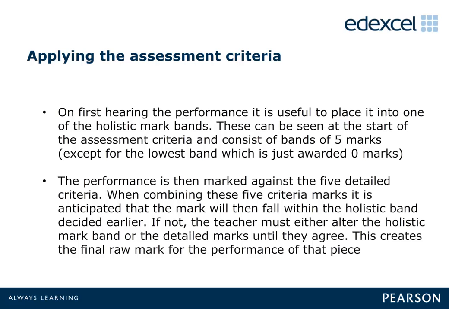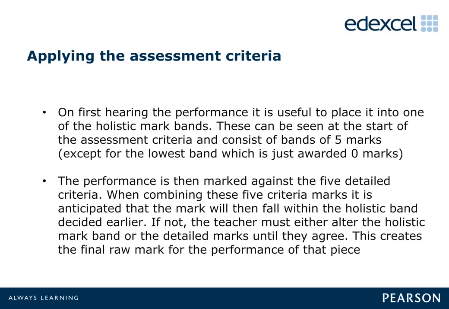Applying the assessment criteria. The first stage of assessment is arriving at an holistic mark out of 40 for each piece. See the specification, page 68. Rather than picking a precise figure for this mark, it is usually most effective if the broad mark band is selected.